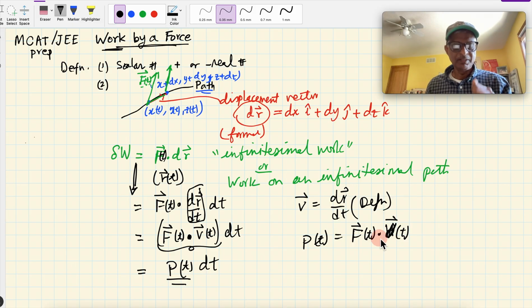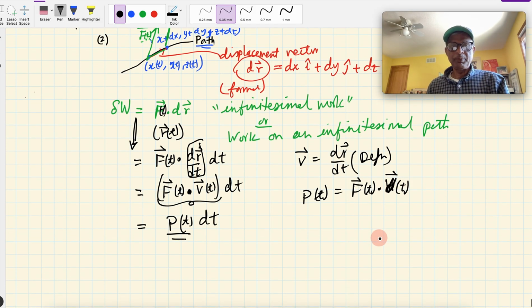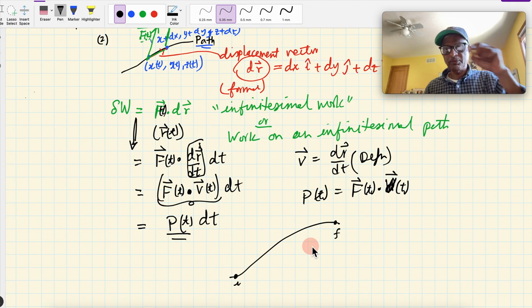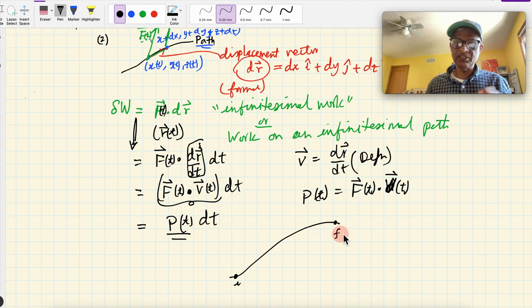All right. Now, how do you compute it over a path? So I'm here at some point I and this some point F. So this I and F are abstract points, okay, just conceptually. And I just wrote down over here the small work. I know what it is in that little piece.